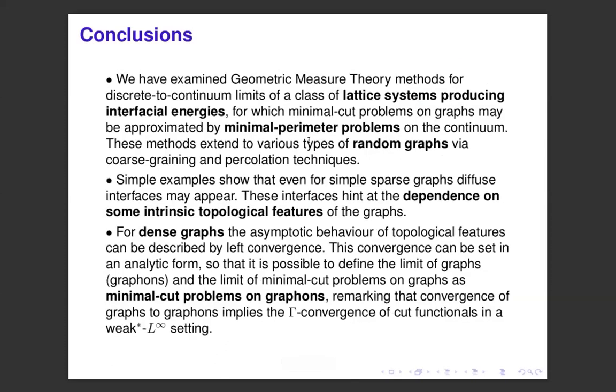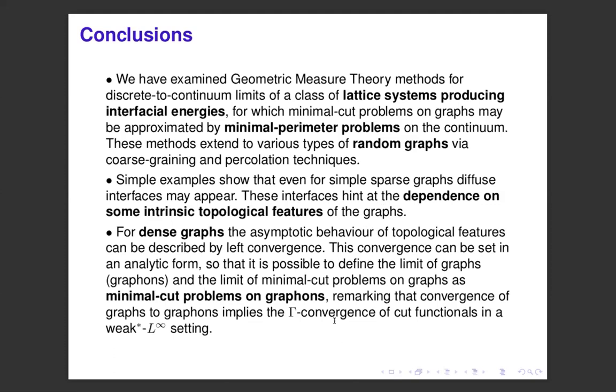So I don't want to spend much time, but I just want to say that there is a path leading from lattice systems, then understanding that there is something that you cannot describe in lattice systems due to some topological features. There are many gaps in our knowledge of sparse graphs.